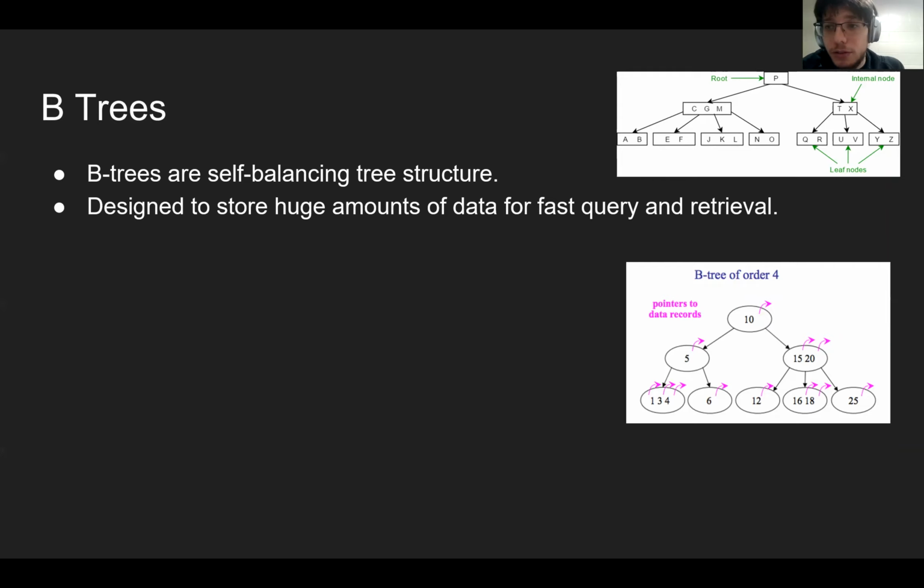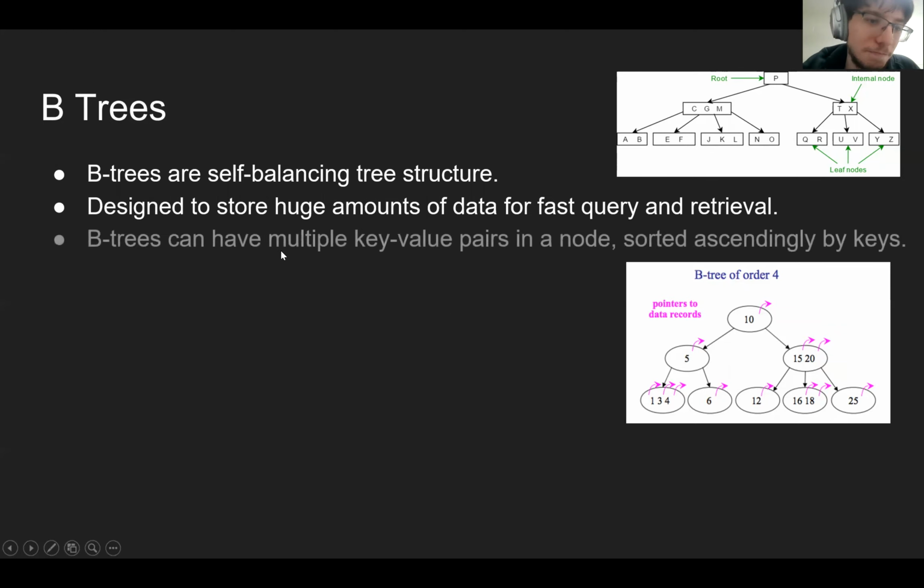So B trees are nice for loading in a block of memory. It stores huge amounts of data for fast query and retrieval. You might get a block, which is nice because you can get to the whole block much faster, because if it's closer, you load it into the tree. Anyway, they can have multiple key-value pairs in a node, and they're sorted ascendingly by keys.